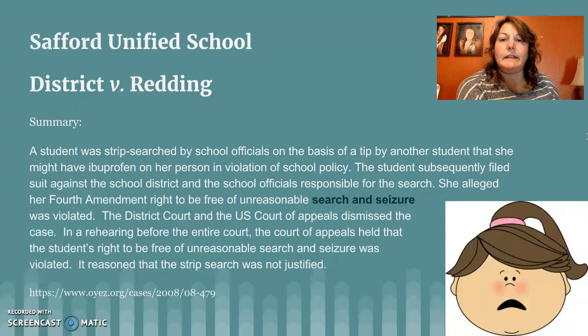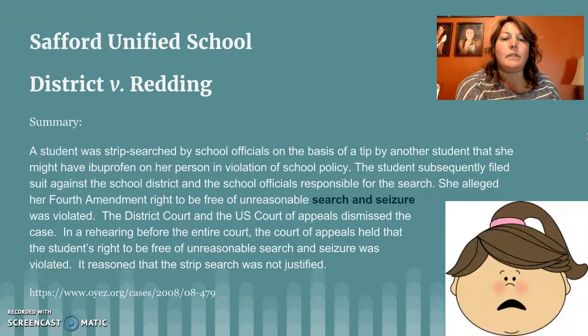Consequently, the student's parents filed suit against the school district and school officials for improperly using search and seizure, or for unreasonable search, and that her search and seizure rights had been violated.